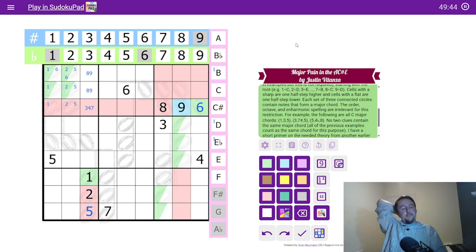Ah, right. E flat and A flat. Right, E flat is required in the triads. Every note appears in three different triads.